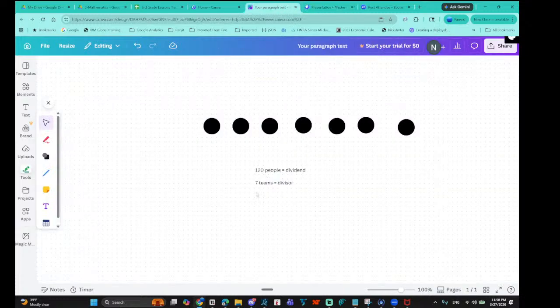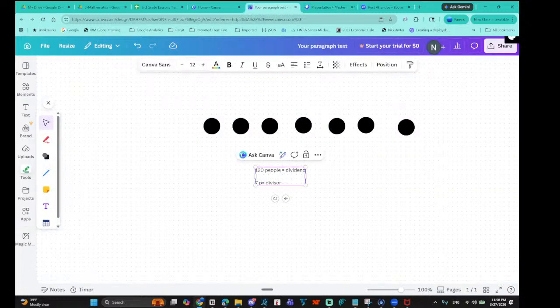Oh wait, no. This is 7 people. So 7 people per team.